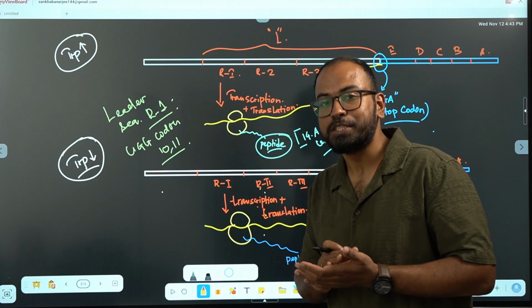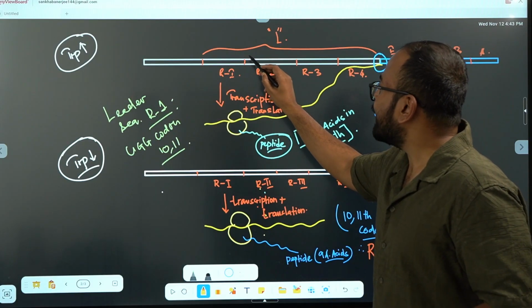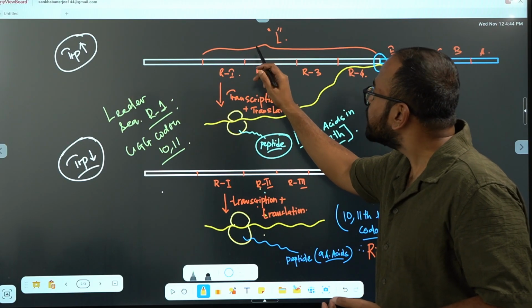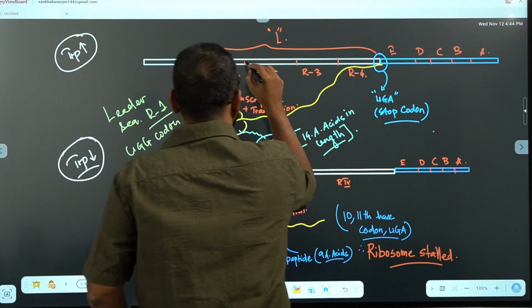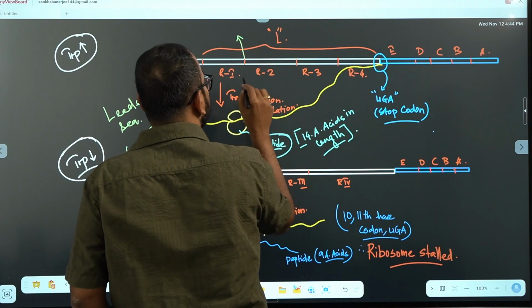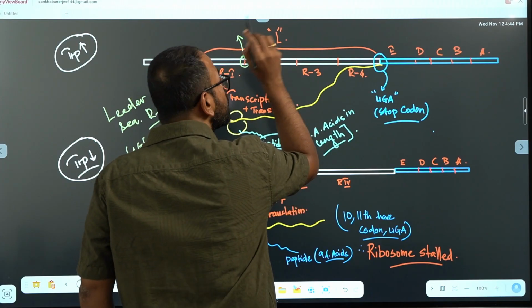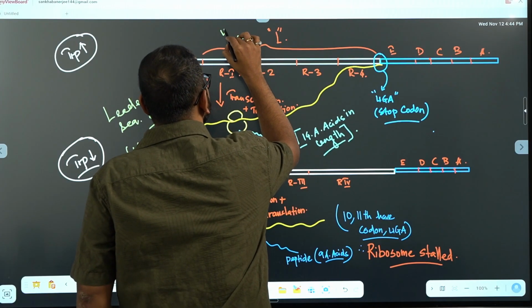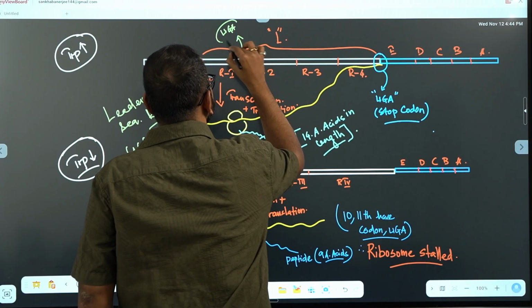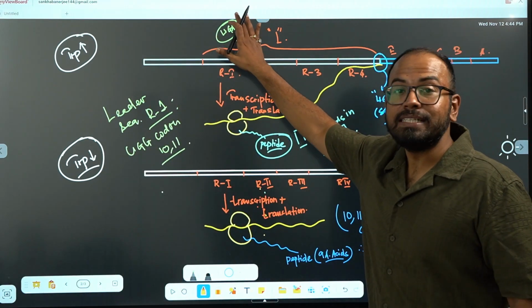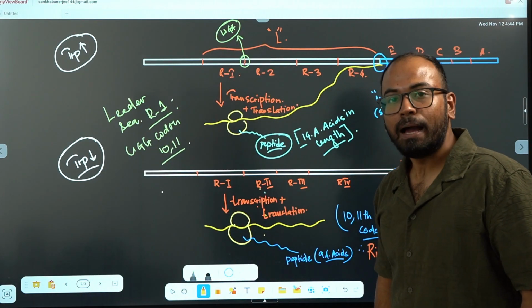But there is a limitation. At the end of region 1 and at the beginning of region 2, there lies a stop codon, which is UGA. Now, if there lies a stop codon, then what will happen?